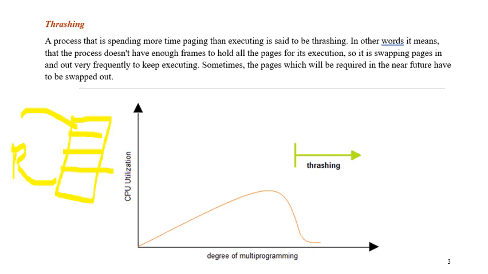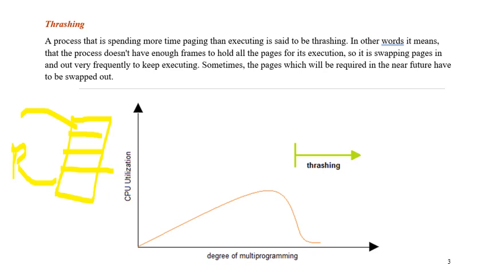So what might cause thrashing in an operating system? As I discussed in the previous example, a high degree of multi-programming causes thrashing, and a small number of frames compared to the process's requirement causes thrashing.